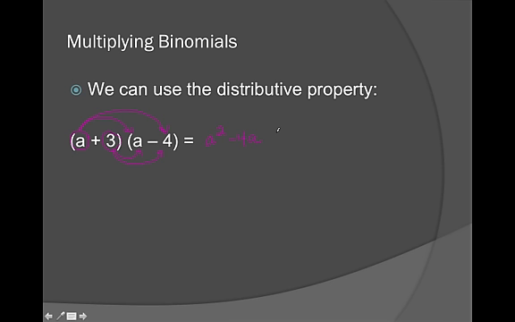So I would get plus 3a minus 12. And then notice here I've got like terms because I've got a, and they're both raised to the same power, so I know I have like terms. So I'm going to combine those. So I have a squared minus a minus 12.